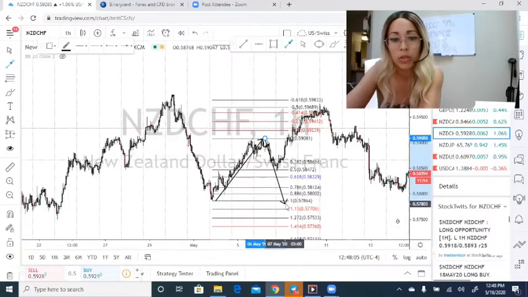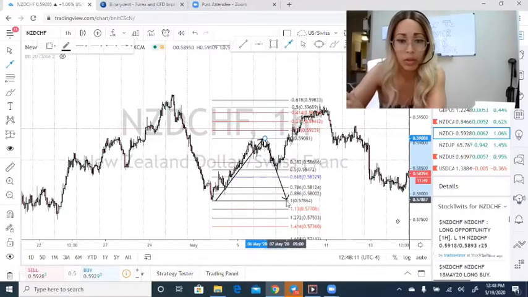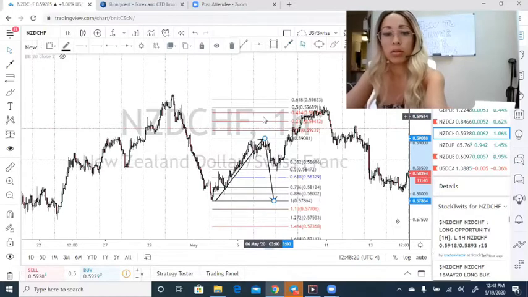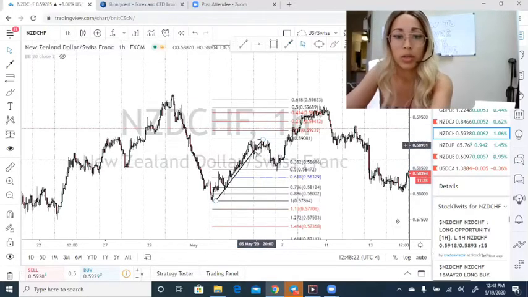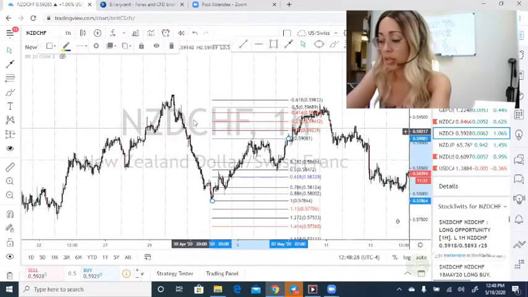If it goes even a little bit past that, it is invalid and it's no longer going to be a bat pattern. We just get rid of it. It can come as far as up to here and still be valid for our strategy. Now we did meet the requirements. It's at the 50, so now we've identified our C point.